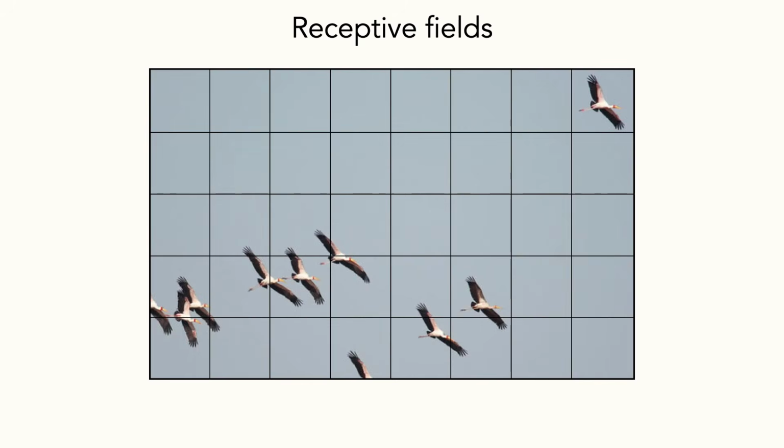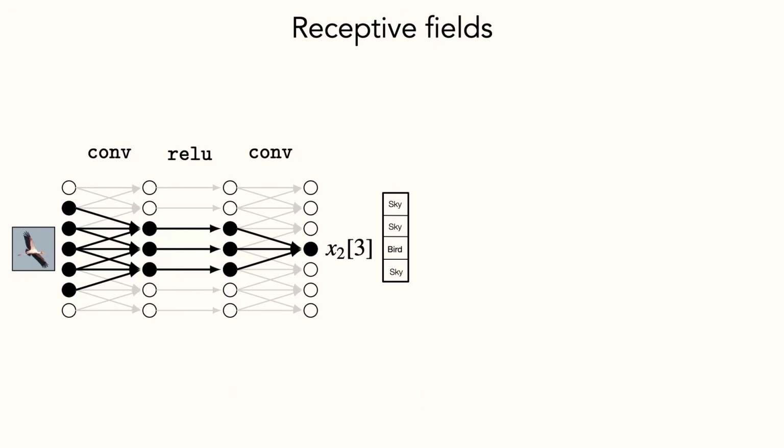So, receptive fields. One of the things we talked about is that if you let the input size of the patch get too small, you maybe won't be able to identify the things you care about. So in this particular instance, say we have an input patch that is this entire bird, and we run it through a convolutional layer, ReLU, another convolutional layer, and then we get some output, and the output for that patch is bird, right?